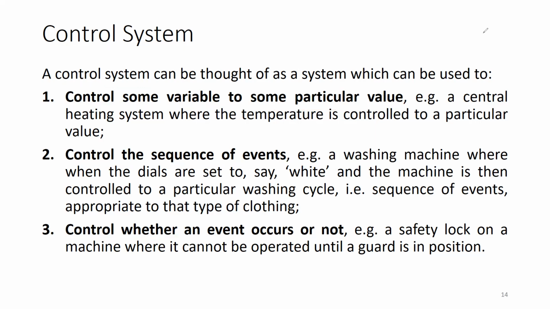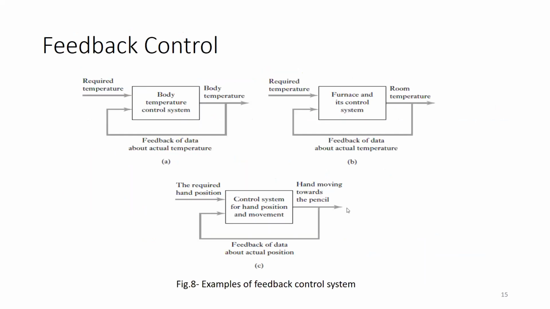So three types of functions of a control system: to control a variable value, to control the sequence of events, and to control whether an event should occur or not. A very important part in a control system is feedback control. Feedback control system.